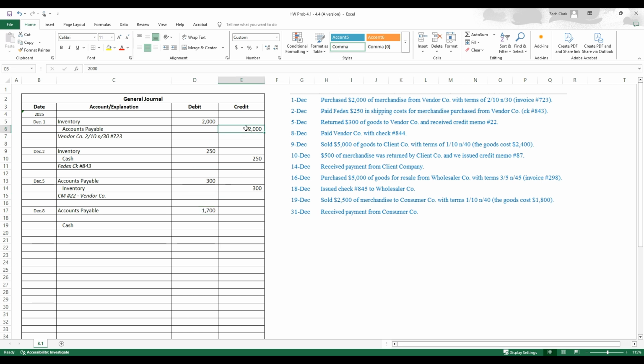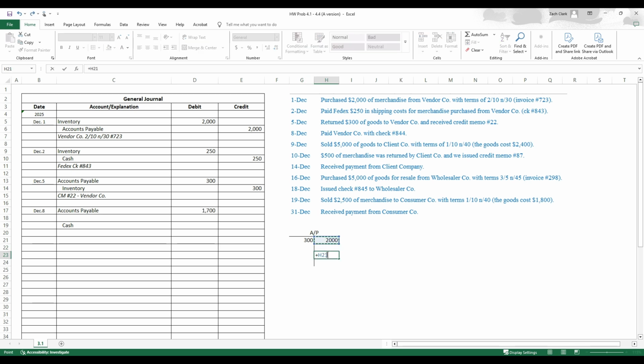So a credit originally, and I'll show you just real quick. Maybe a T account would be helpful here. So let's say this is our accounts payable. You can see here on December 1st, we recorded a credit for $2,000. That's this entry. And then on December 5th, we recorded a debit to reduce the account for the return.